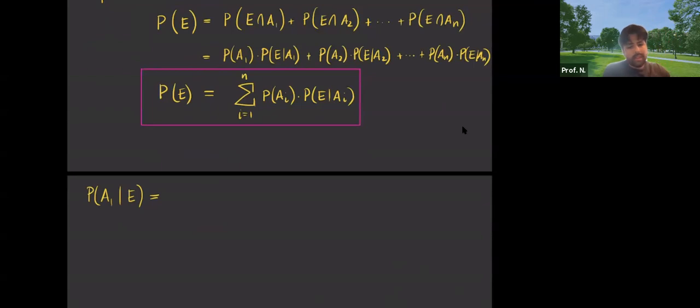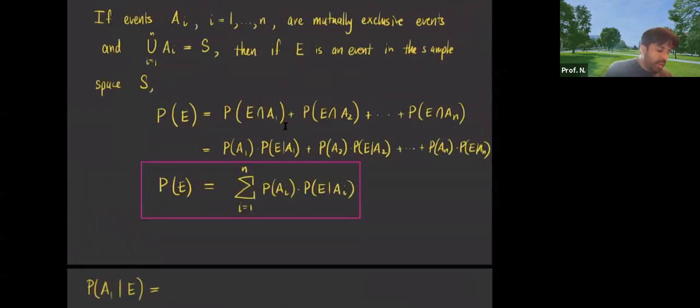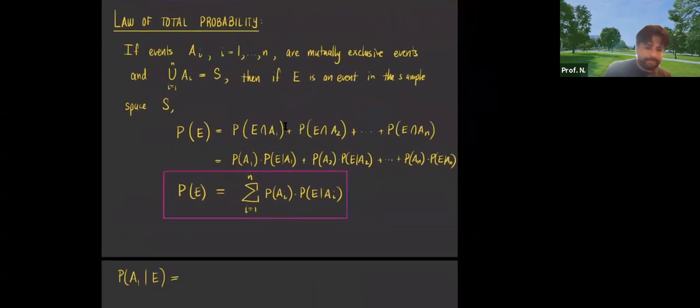And the other two are exactly identical. Anybody? Did I lose you guys with the law of total probability?